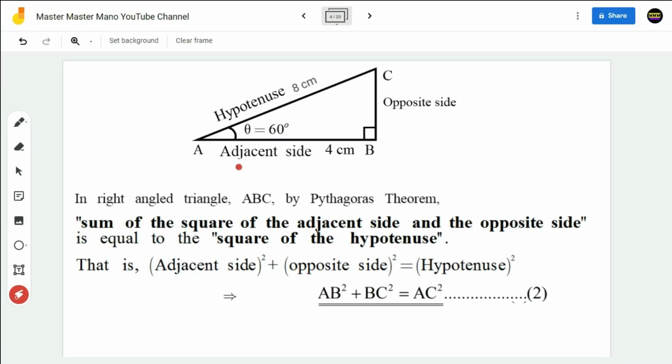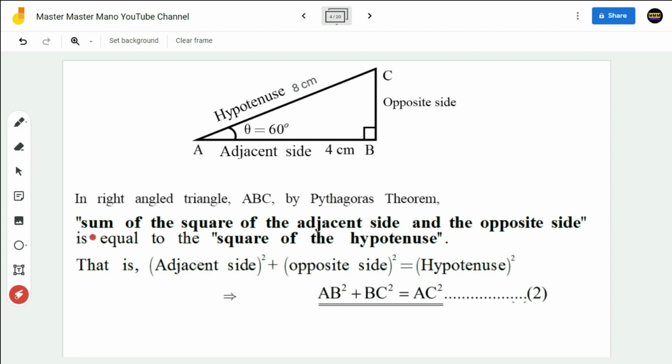This was the given right angle triangle. We were given the length of the adjacent side AB as 4 centimeter and this angle BAC as theta equal to 60 degree. We found the length of the hypotenuse AC by using the trigonometric ratio, and its length is 8 centimeter. Now we are going to find the length of the opposite side BC. We are going to find the length of the opposite side by using Pythagoras theorem.